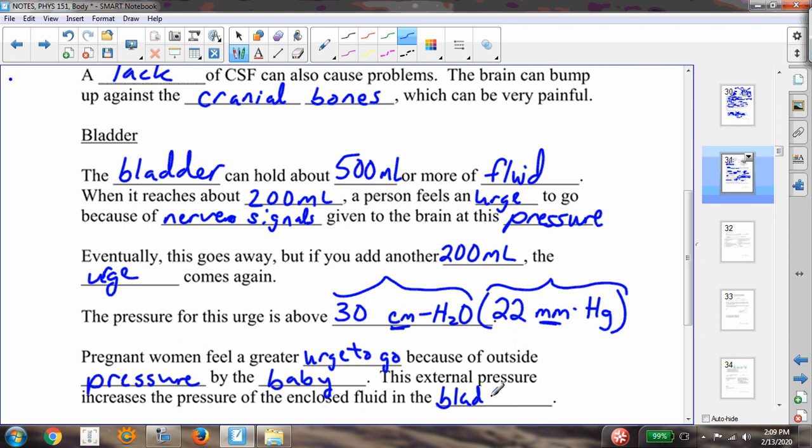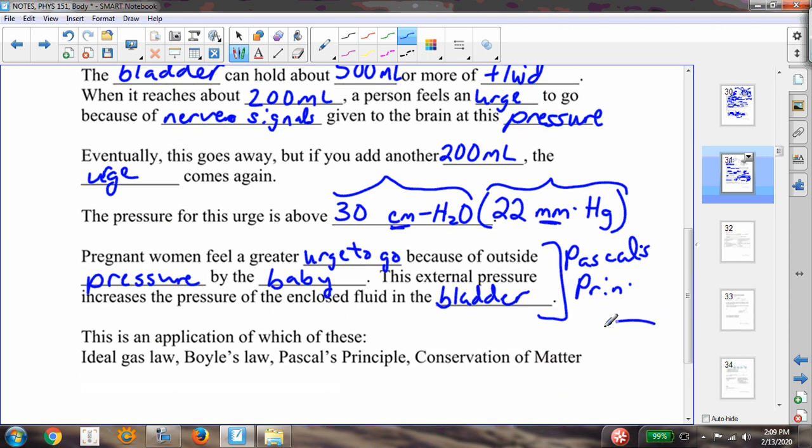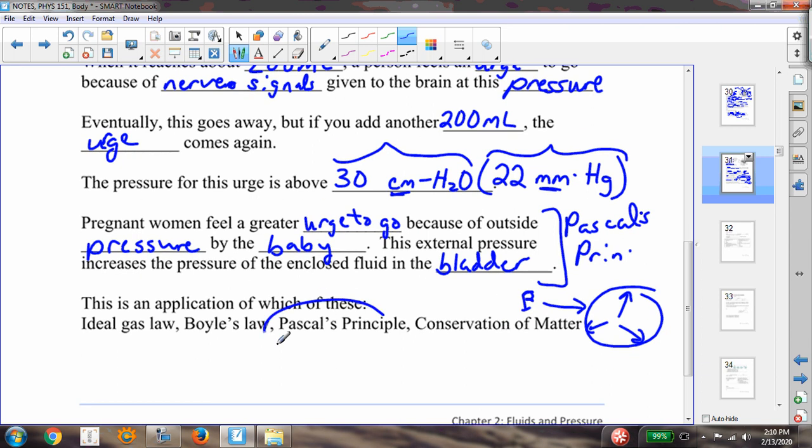And this is a great example of Pascal's principle. So if I have a bladder and I'm putting an outside force or outside pressure on it, then that pressure is felt all throughout. And so your nervous system will send a signal to your brain saying, hey, I gotta go.